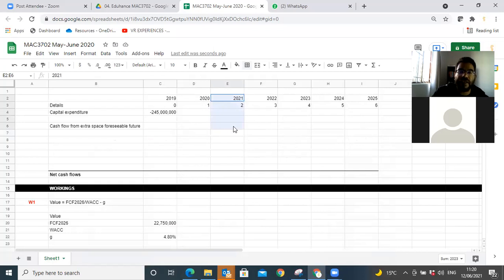To put something at the beginning of 2021, you put it in the previous column, because the end of 2020 is the same as the beginning of 2021. This is the principle of the timing of cash flows, one of the 5 principles. This is it over here. Okay, so we're happy with that.